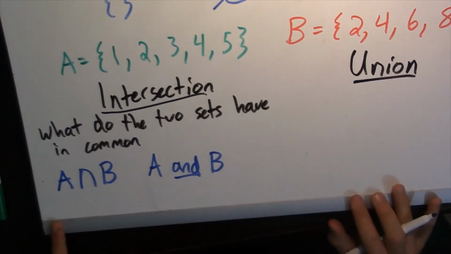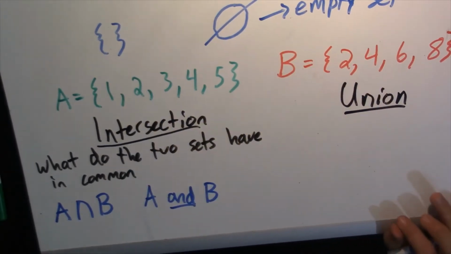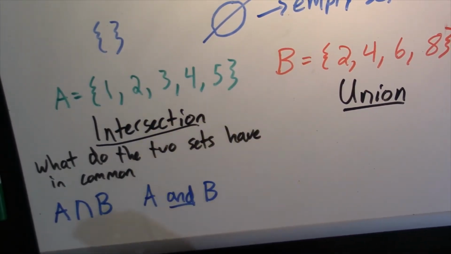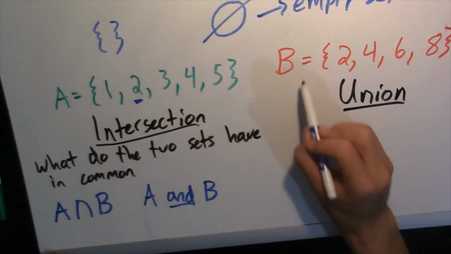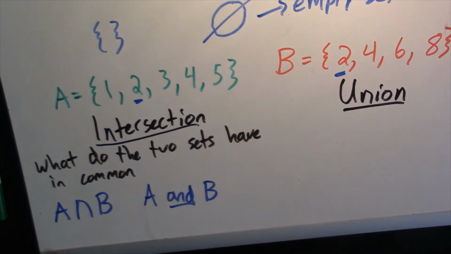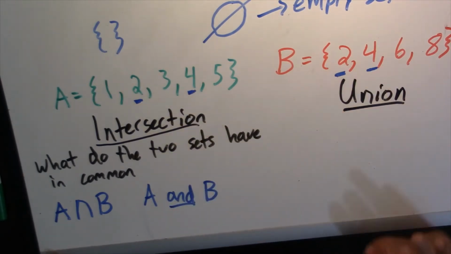We're talking about all of the elements that are both in A and also in B. So in this case, the ones that they have in common are 2. Both sets have the number 2. And 4. Both have the number 4.